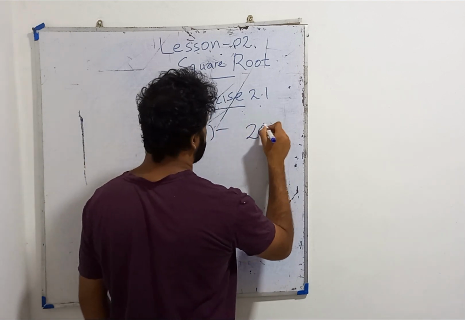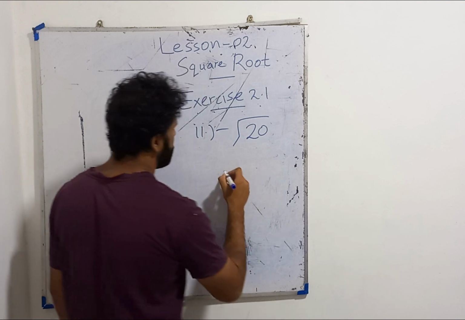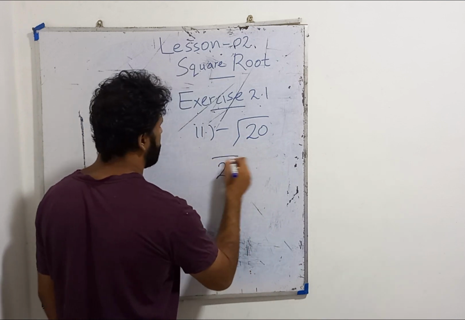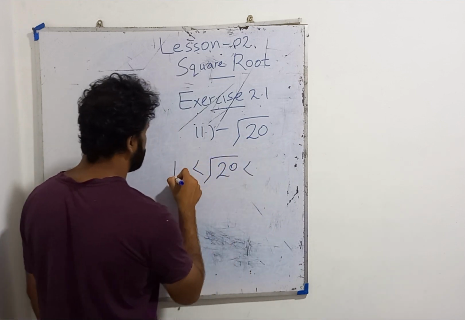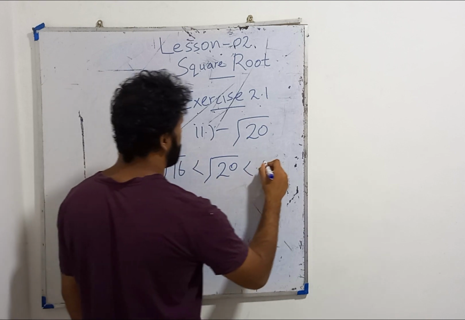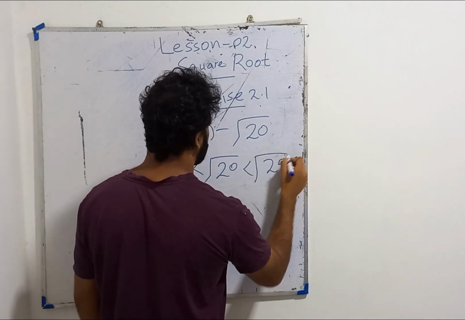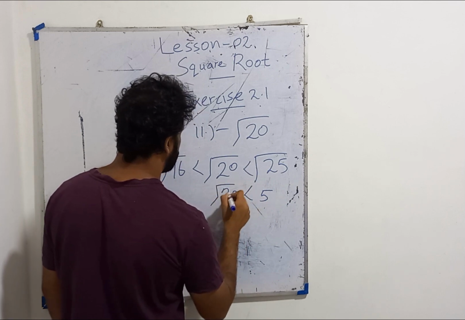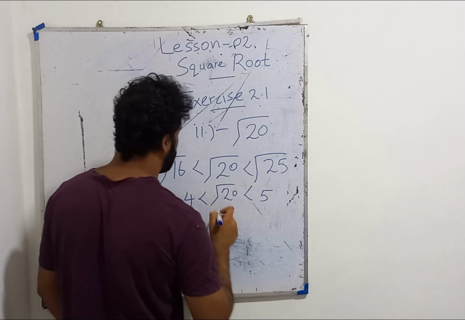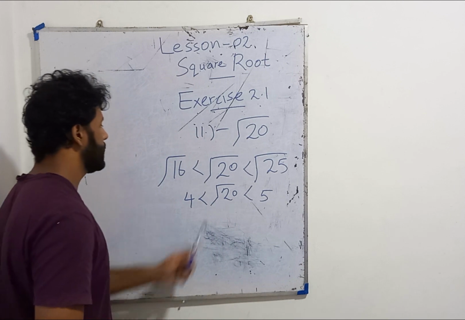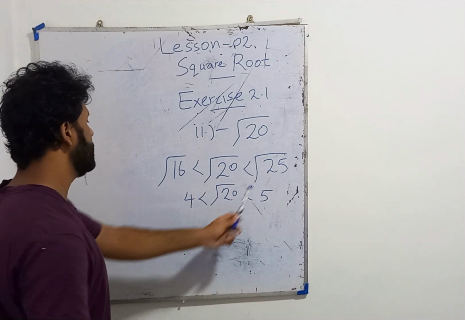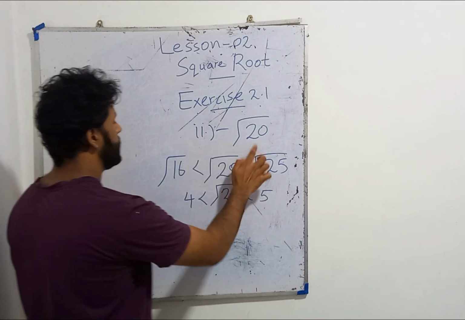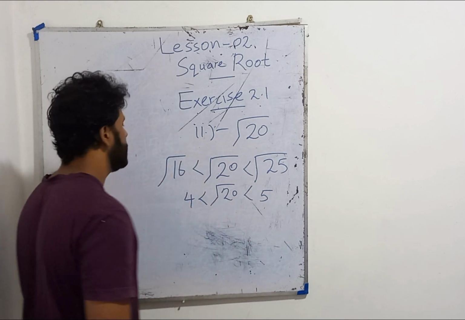Roman number 2. 20, simple again. 20 lies between 16, of course, and 25. 20 is actually closer to 16. Gap is 4, gap is 5. More closer to 16.